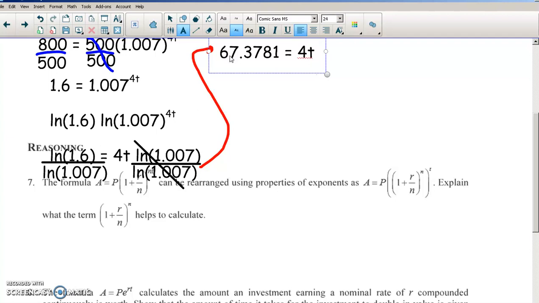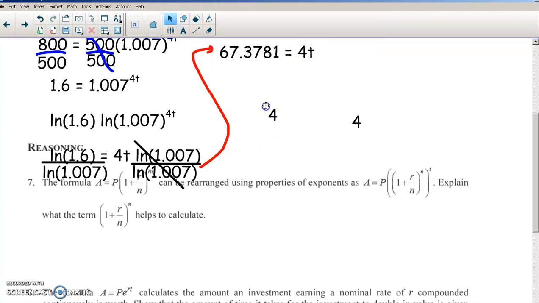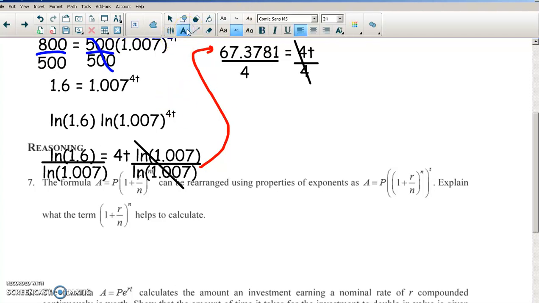Now I have to divide both sides by 4. And that's going to cancel my 4s over here on the right. And 67.3781 divided by the 4 gives me that my time is now 16.84 years.